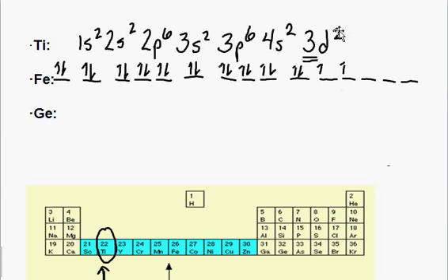So the number of electrons is just how many blocks I've gone over. But I'm now in 3D2 with titanium. So my electron configuration is now adding this D block. And I do have 5 orbitals within a D block. And I did spread out my electrons, because Hund's rule says so.